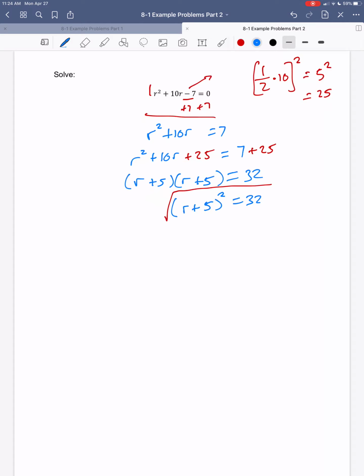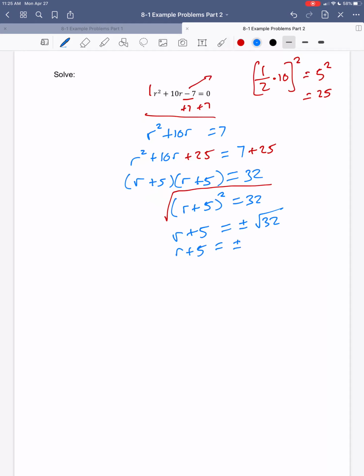When you decide to take the square root, you have to throw in plus or minus. So we're going to get plus or minus the square root of 32. In this case, I can't take the square root of 32 exactly. If it was the square root of 36, I'd be okay, but not square root of 32. But I can simplify this. 16 is a perfect square that goes into 32.